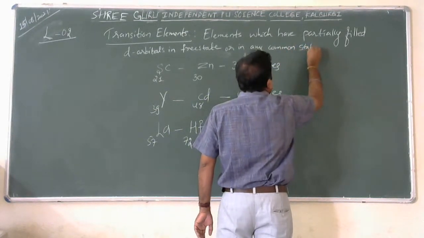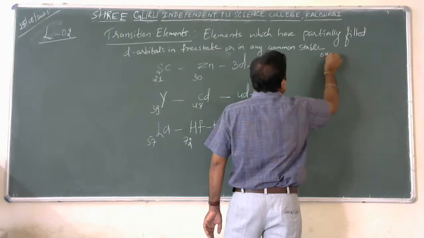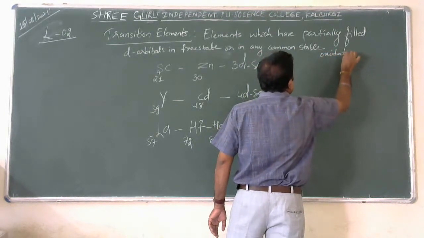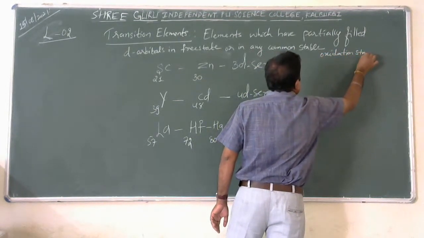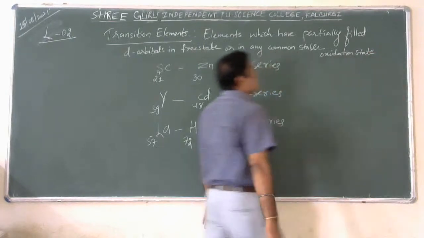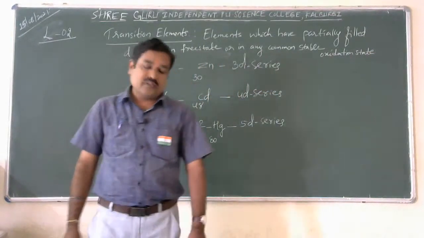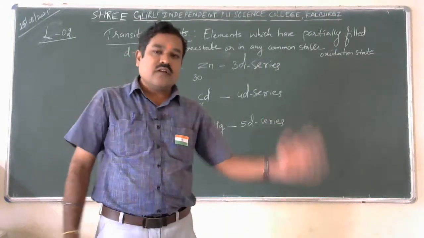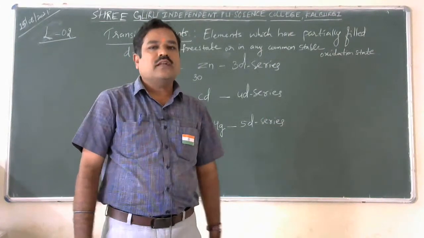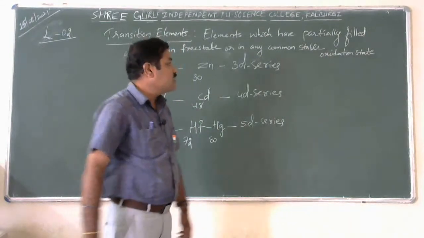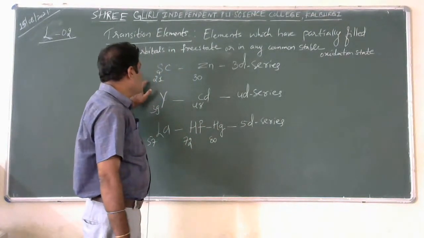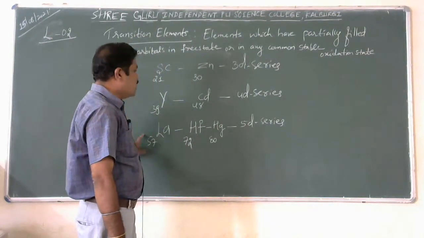This is important. For the most common stable oxidation state, these elements are called transition elements, because their character slowly changes from metallic to non-metallic property. These transition elements consist of the 3d, 4d and 5d series.